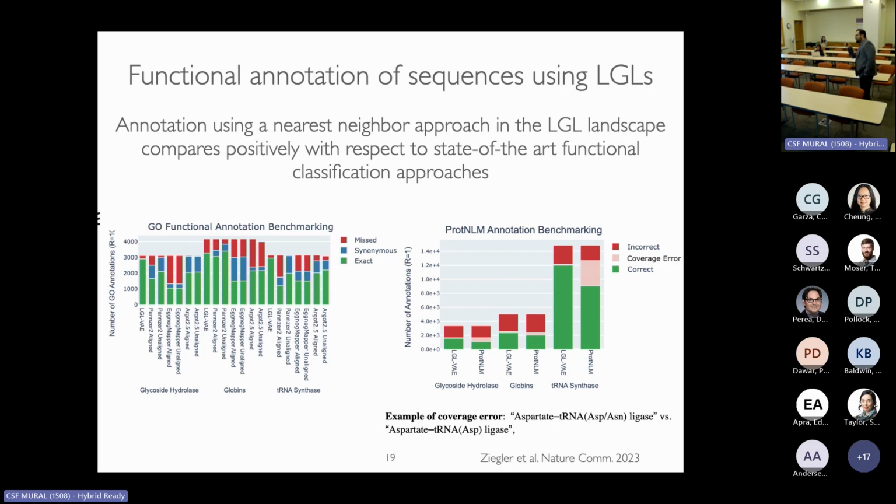But then you notice that there's this region called coverage error. What we call coverage error is when the system gives you a name that is convincing, not incorrect. But here's an example where this was an aspartate tRNA ligase, but this had aspartate and also asparagine. Their method will just give you aspartate tRNA ligase.